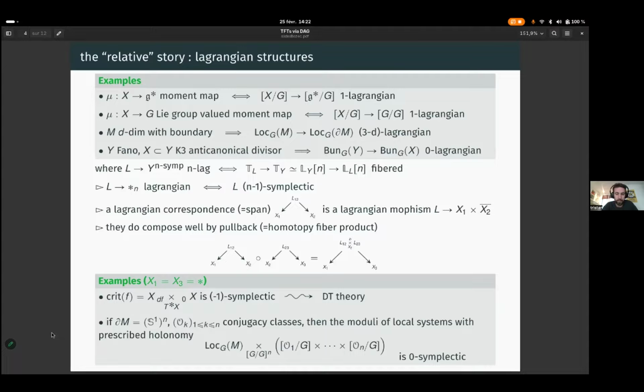Okay, so that amounts to doing some pullback. And I get the pullback of one Lagrangian morphism from the examples above. Therefore, I get something which is again Lagrangian to the point, so which is actually zero symplectic, meaning symplectic in the usual sense, something already known. But you retrieve this in a very nice fashion, just performing pullback here.